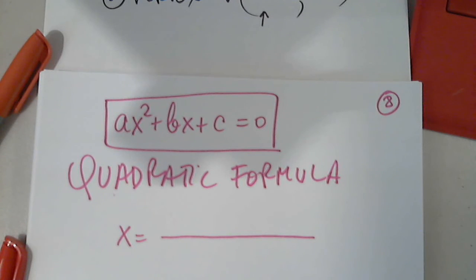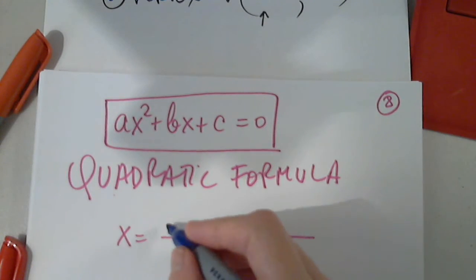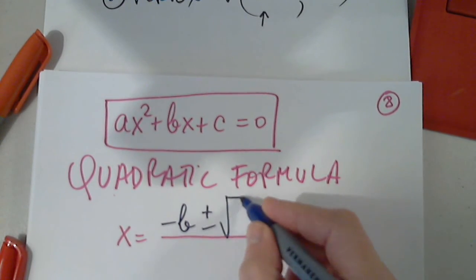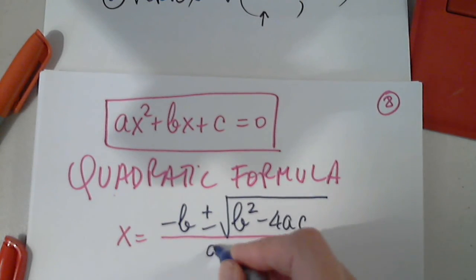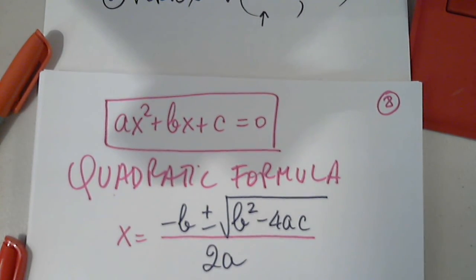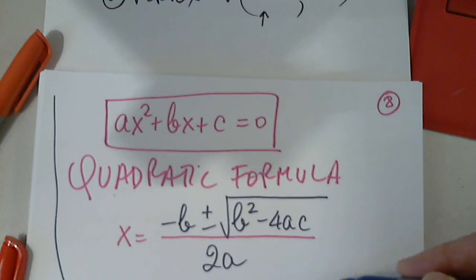Don't be shy, it's okay. I'll help you. Okay. So it's negative b plus or minus the square root of b squared minus 4ac, over 2a. So these go together.